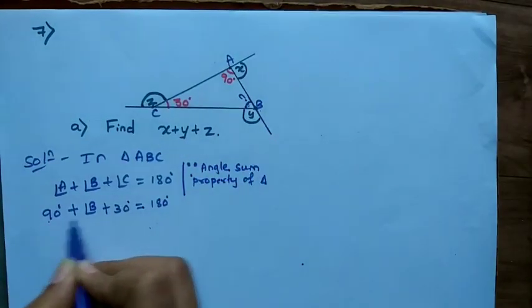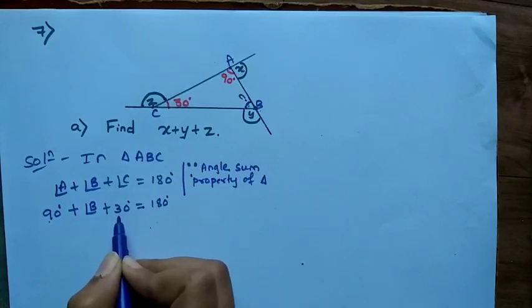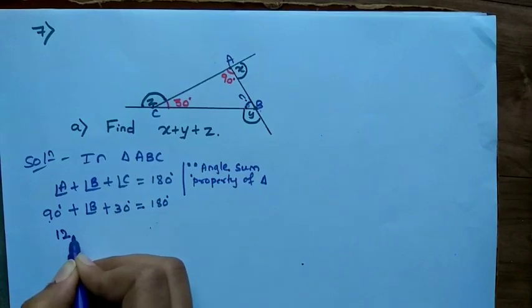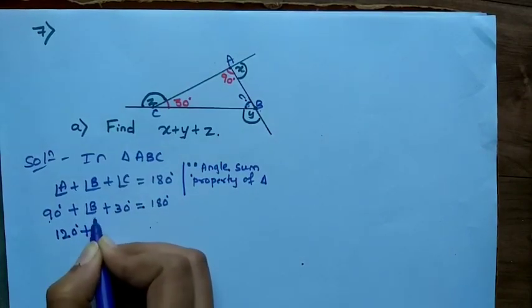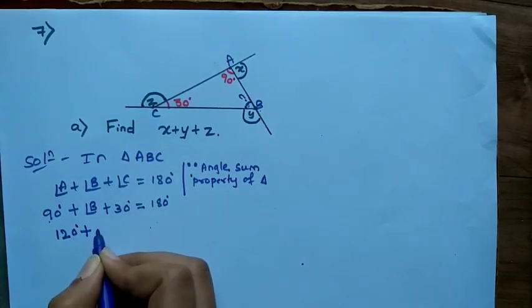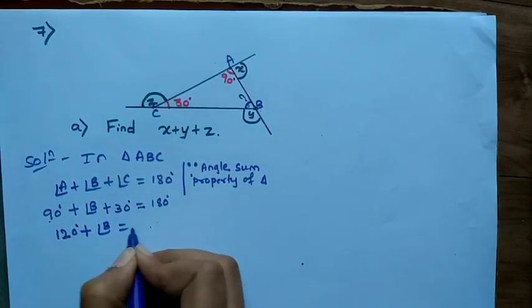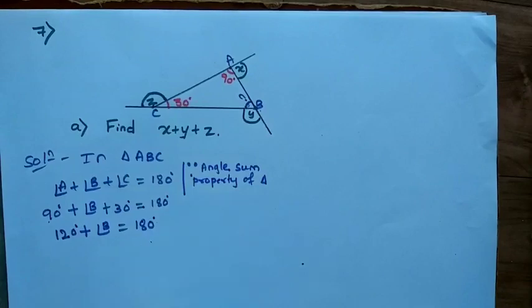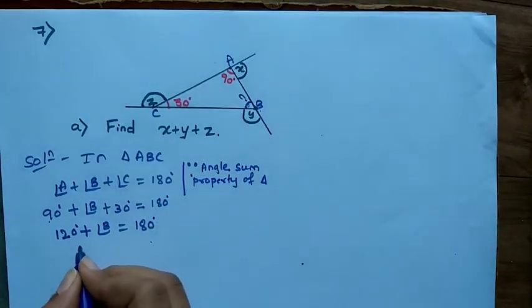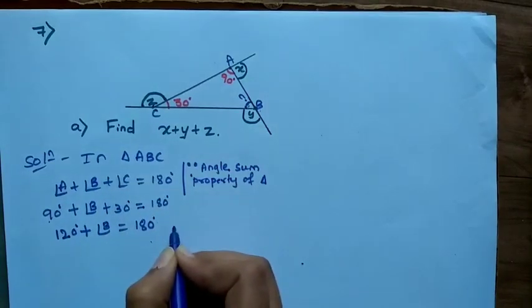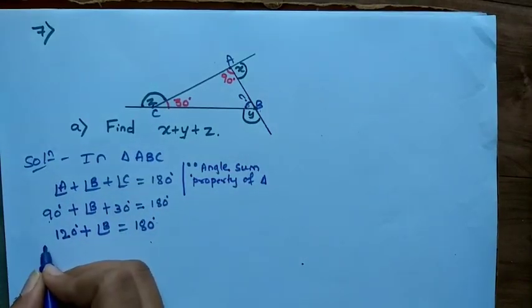Here 90 degree and 30 degree are constants. Just add: 90 plus 30 is 120 degree. Plus angle B, we don't know the value, so keep angle B as it is, which is equal to 180 degree. When the 120 degree constant goes to the right hand side, the plus sign becomes a minus sign.